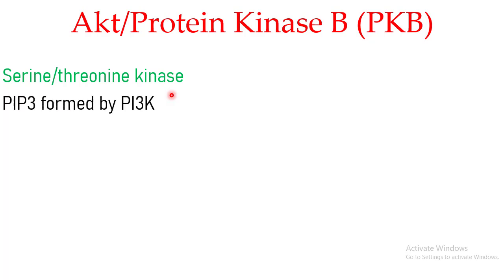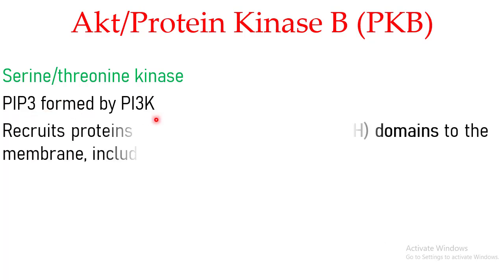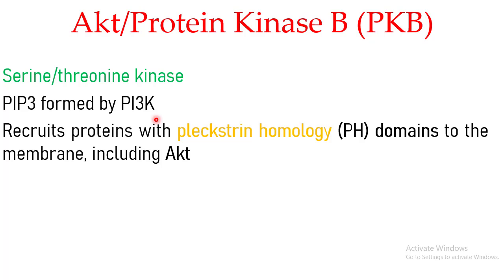Now, this AKT, or protein kinase B, is activated by this PIP3, which is formed by the PI3 kinase. What this PIP3 does is recruit specialized proteins towards the cell membrane, and the proteins it attracts should have a specialized domain known as the pleckstrin homology domain, or for short, the PH domain.